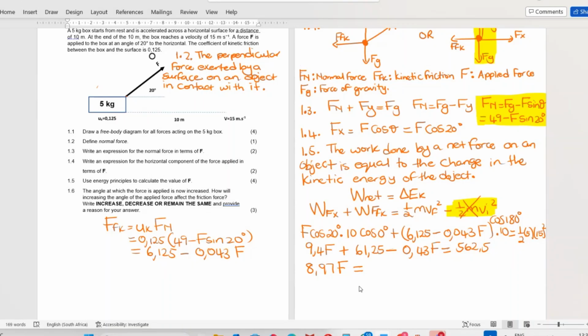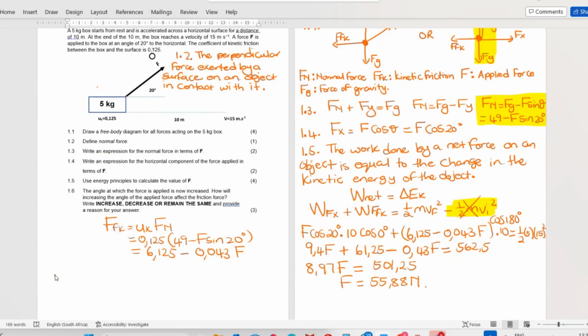It's transposed there. That's 562.5 minus 61.25, and then we get 501.25. And so F is equal to 501.25 divided by 8.97. Then we're going to get 55.88 newtons. All right, so that would be your answer.